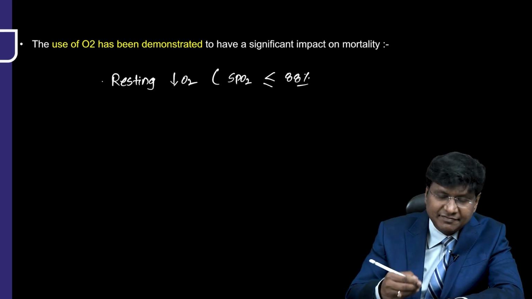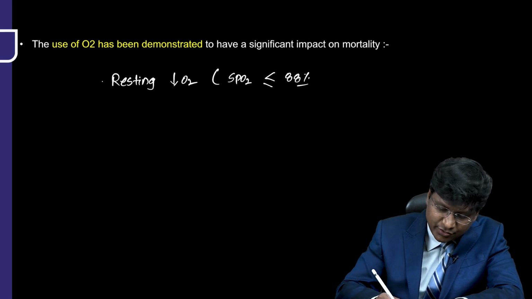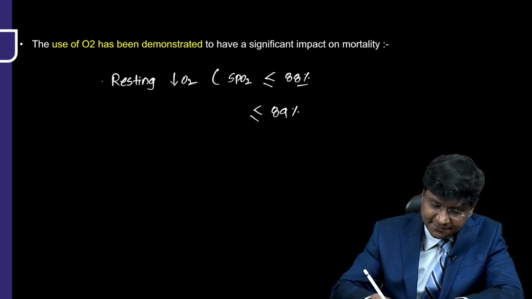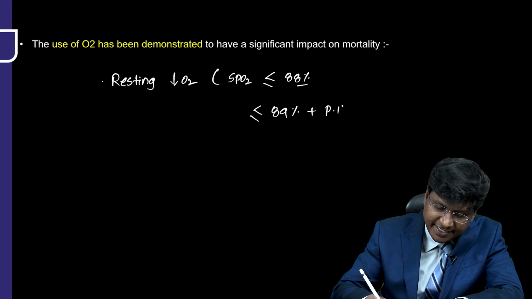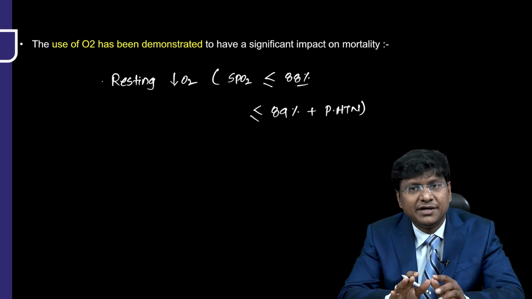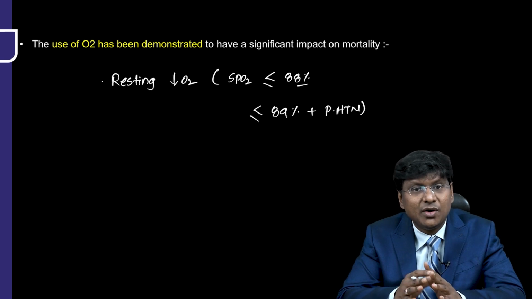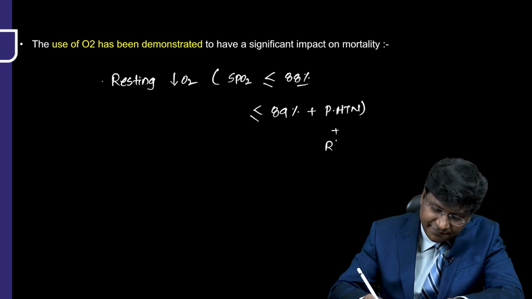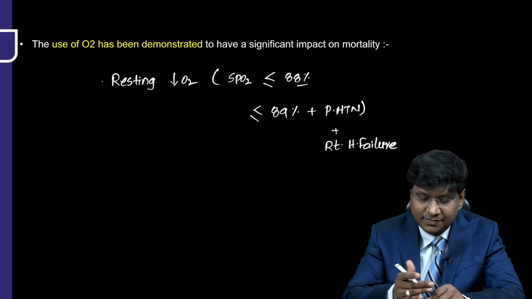Or if the patient has a saturation of less than or equal to 89%, along with signs of pulmonary hypertension, then also you need to give this oxygen therapy. Or because of the pulmonary hypertension, if the patient has developed features of right heart failure, then also you need to start the oxygen therapy, right?